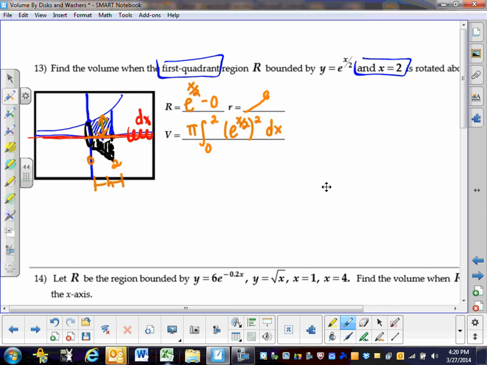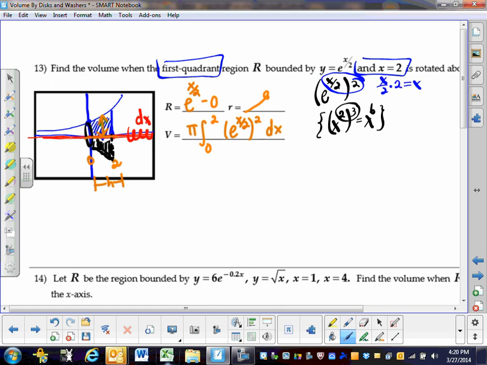Now the algebra problem that comes in is from the e to the x over 2 squared. So, kind of as a sidebar, think about what happens if you have x squared cubed. You get x to the 6th because power to power means multiply. So this is the same situation. Power to power means multiply, and x over 2 times 2 is just x.